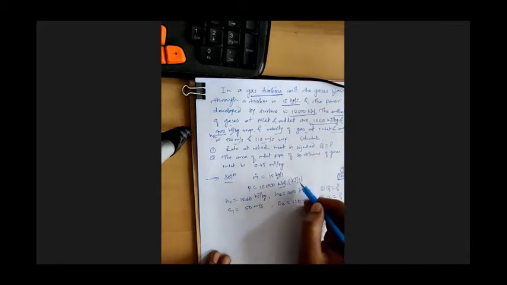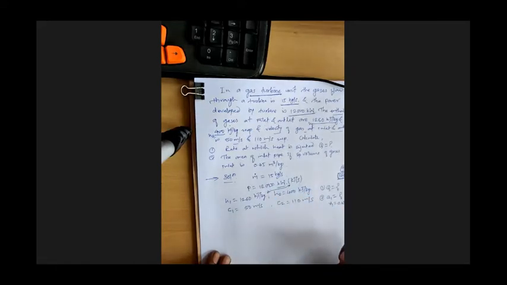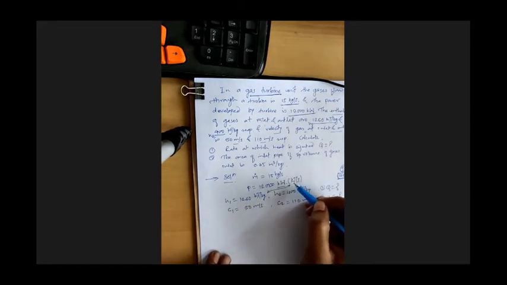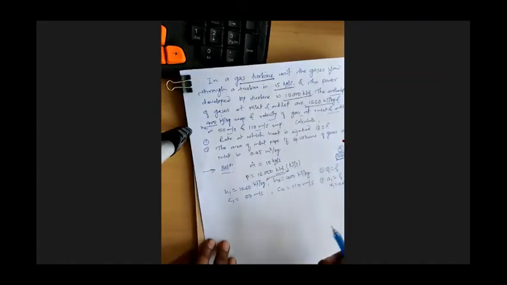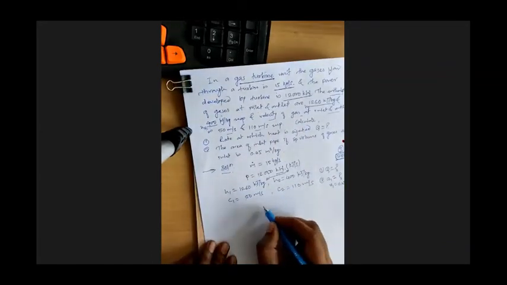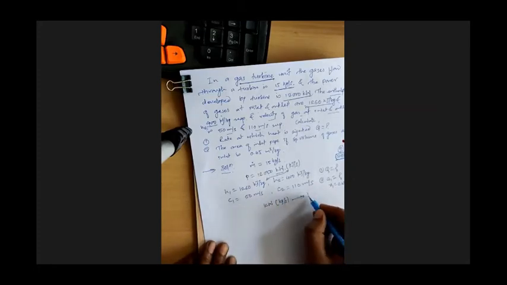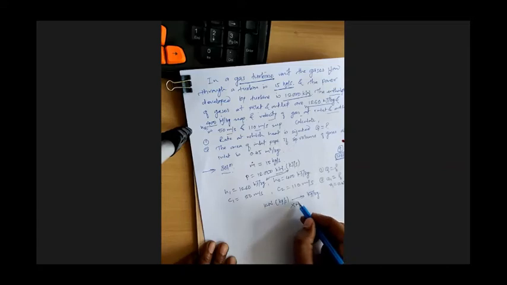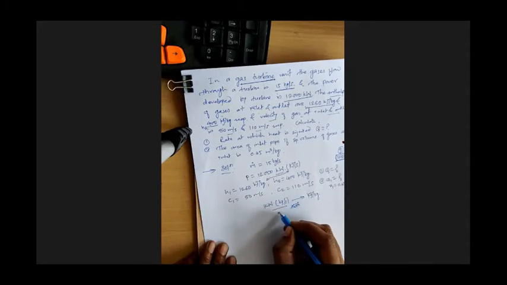So this kilojoules per second has to be converted into kilojoules per kg, because enthalpy is in kilojoules per kg. So to convert kilowatt or kilojoules per second into kilojoules per kg, simply divide it by mass flow rate.